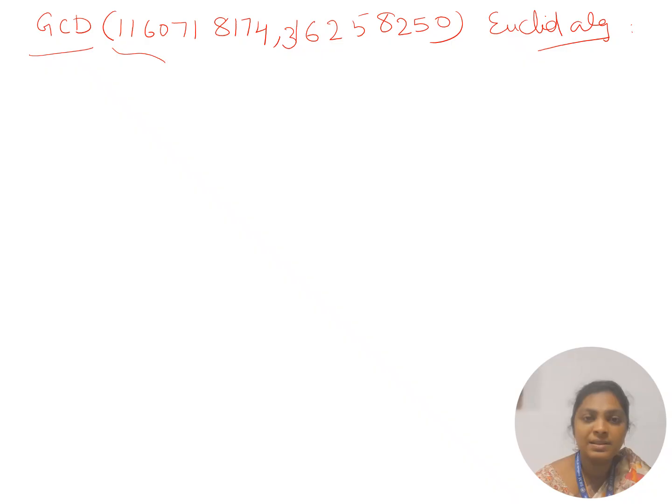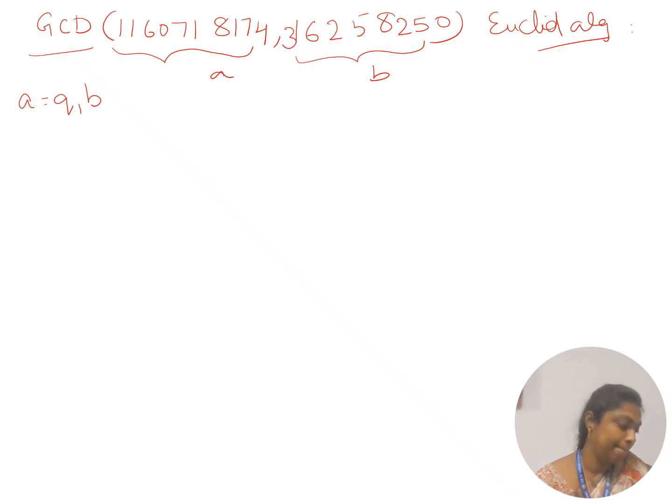Let's take the first number as the A value and the second number as the B value. And we know our equation, which is A is equal to Q1 into B plus R1.